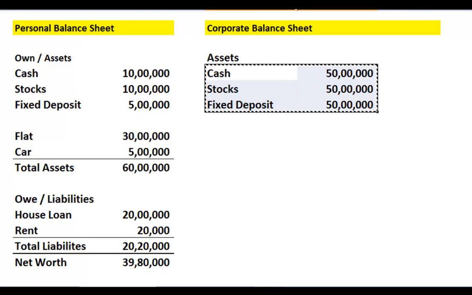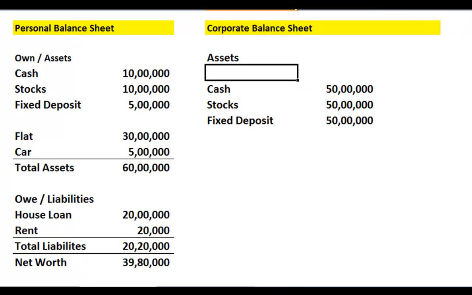Now, since we are getting technical, consider the kind of assets that are liquid in nature. When I say liquid in nature, either you have the cash already in the bank account, or you could just sell the stocks or break your fixed deposit and get your cash immediately.